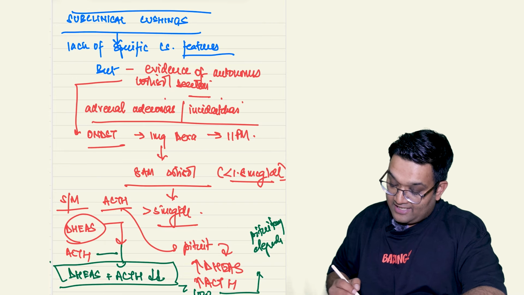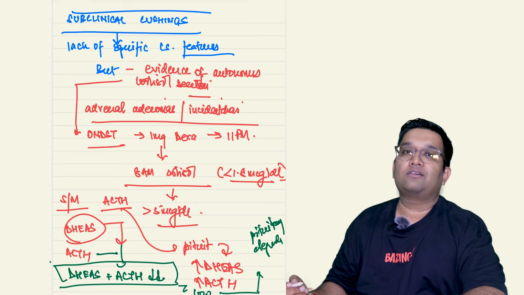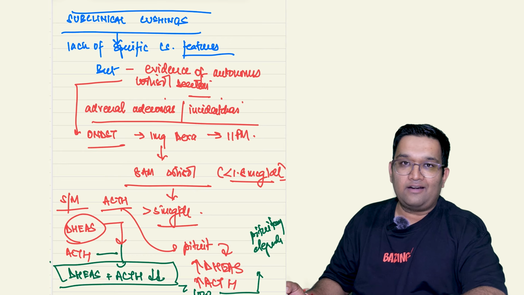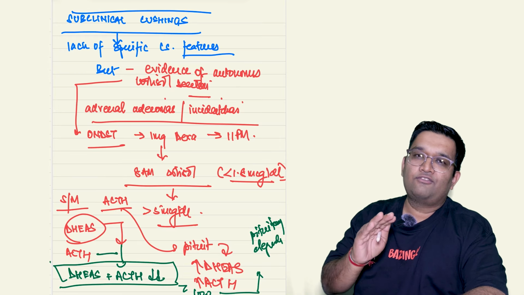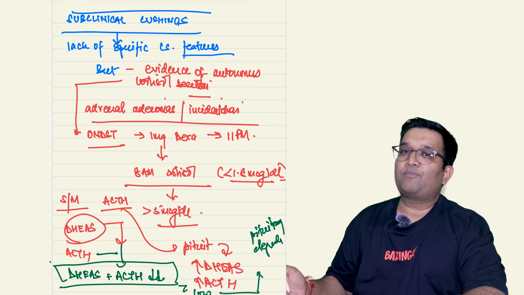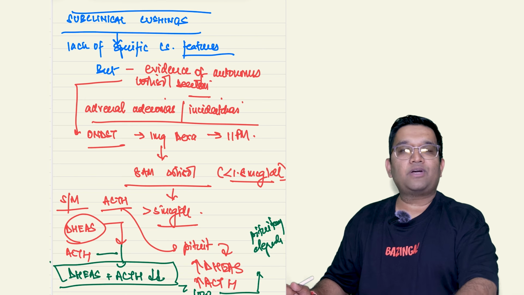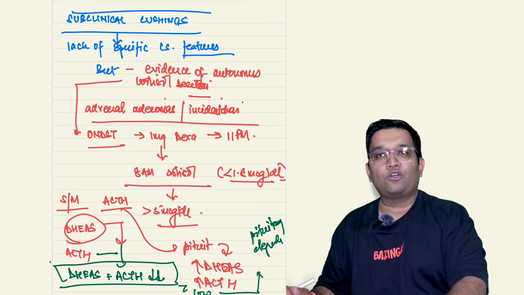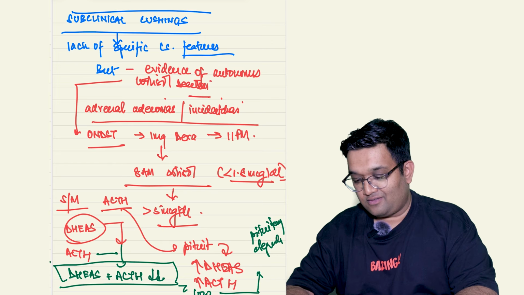So that is why DHEAS and ACTH are going to be reduced in case of subclinical Cushing syndrome, and cortisol itself is going to be slightly high, which is more than 1.8 microgram per deciliter. Classically it is more than 5 microgram per deciliter or more than 135 nanomole per liter. So this is your subclinical Cushing's.